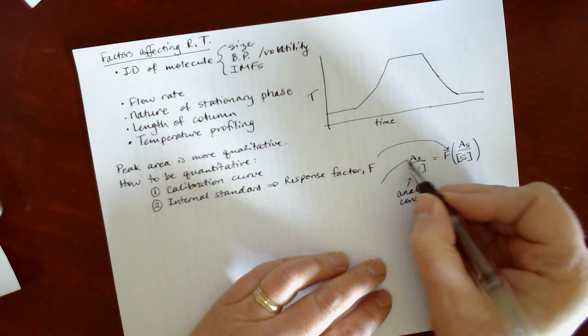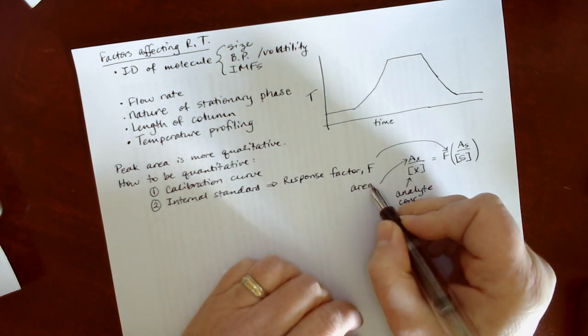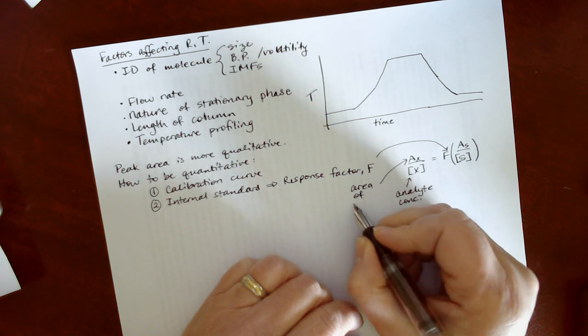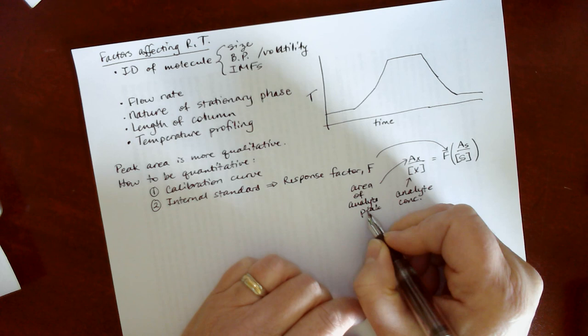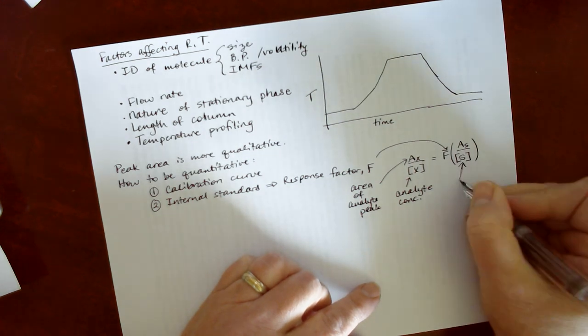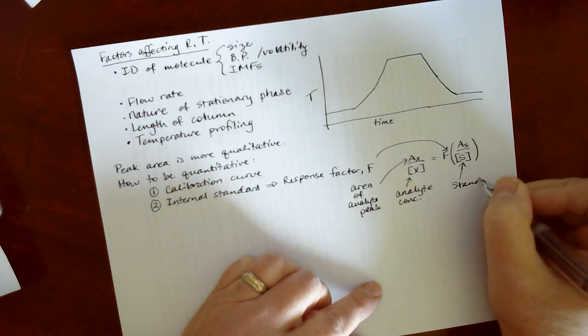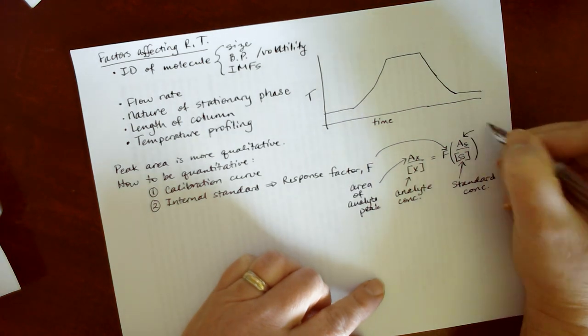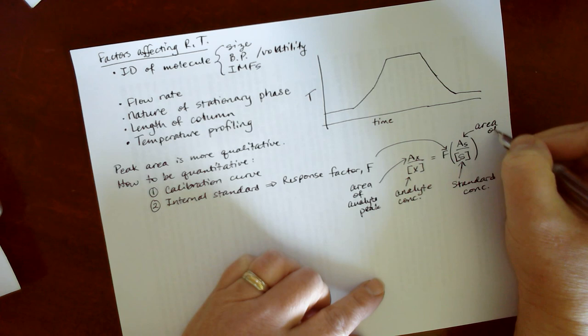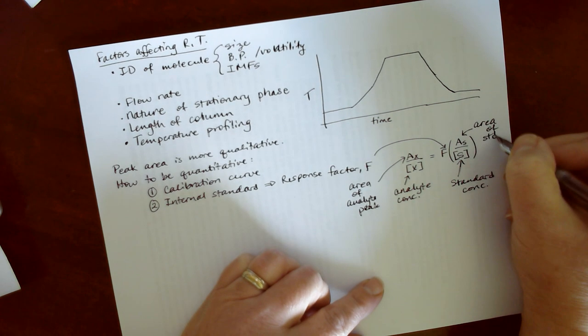And this is the area of the peak, of the analyte peak. And S stands for sample. So this is your standard, not sample. So this is the area of the standard that you are including, okay?